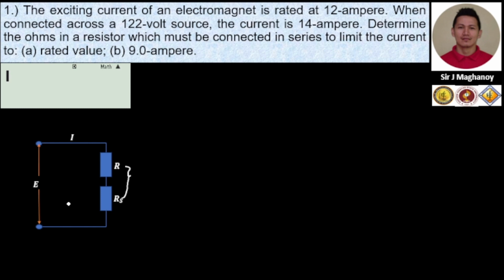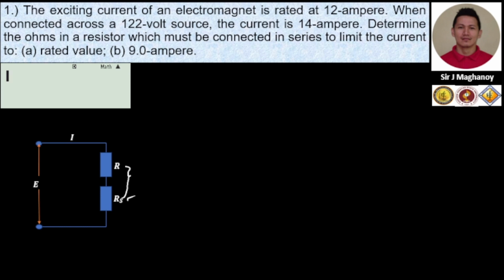It is the rating of your resistor, which is 12 ampere. Now, it is connected to the actual voltage of 122 and a current of 14 ampere. The question is to determine the ohms of a resistor which must be connected in series to limit the current.